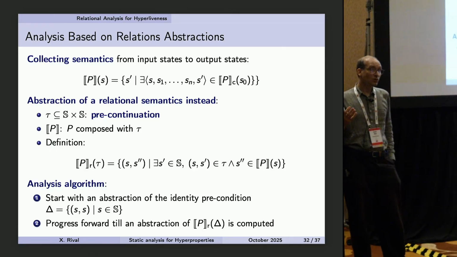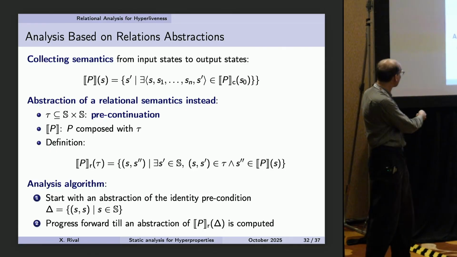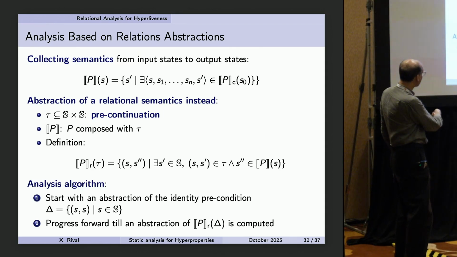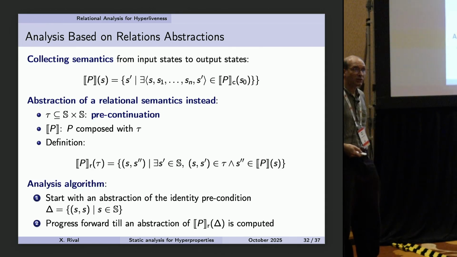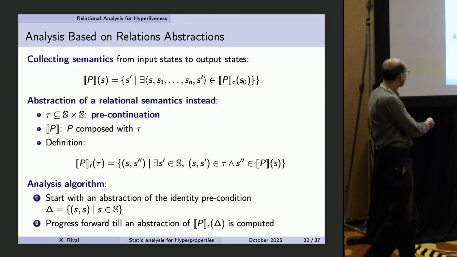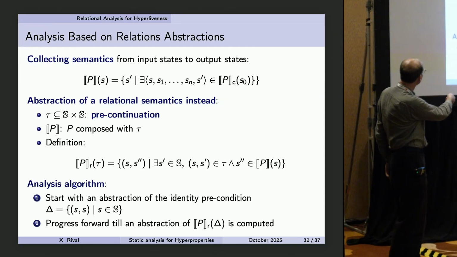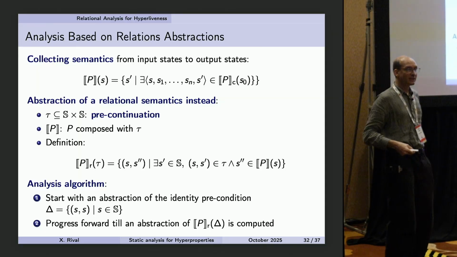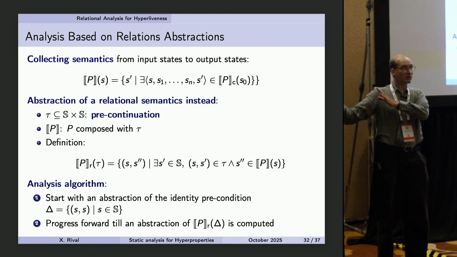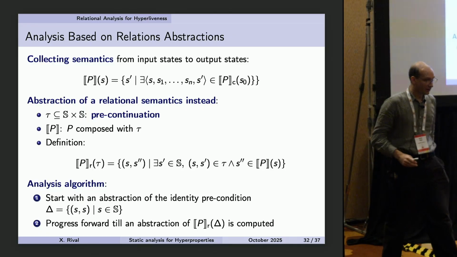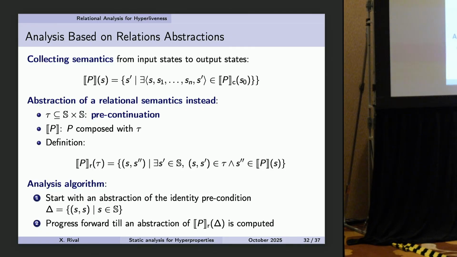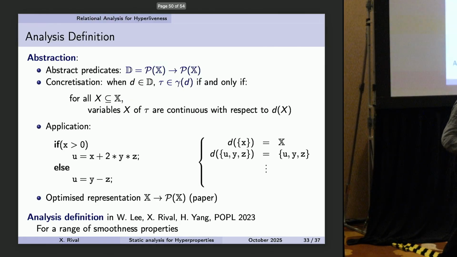What we are going to do in the abstract interpretation is over-approximate, using some abstract domain, this identity pre-continuation. And whenever we are going to analyze one program step, we are going to have an abstract version of this semantics that is going to take an abstract pre-continuation into an abstract pre-continuation composed with your program. What abstract domain are we using?